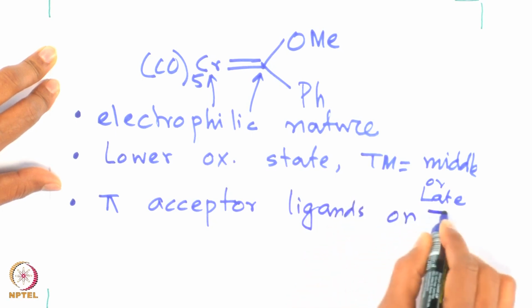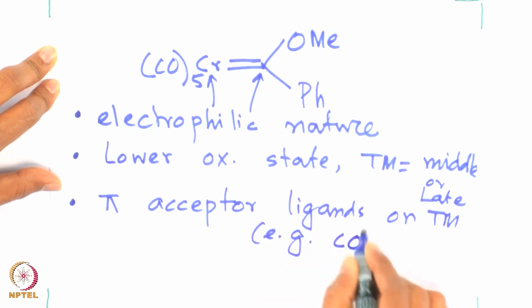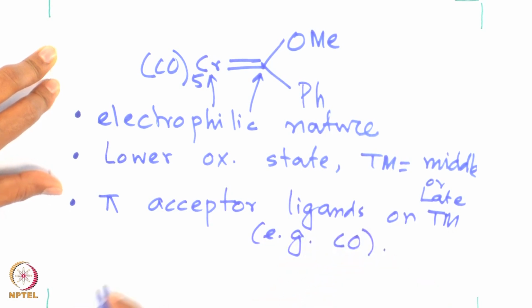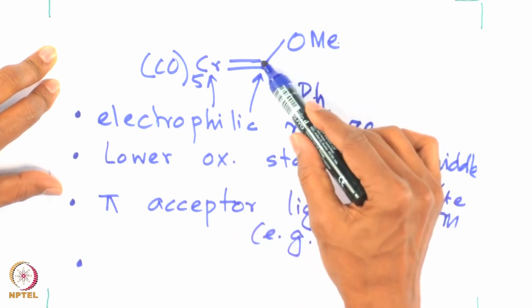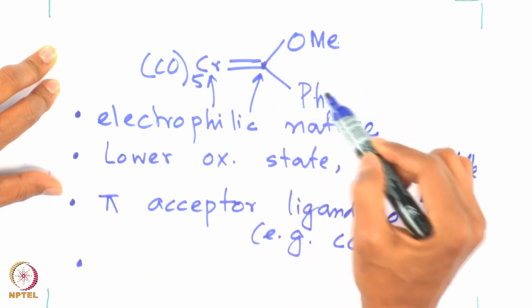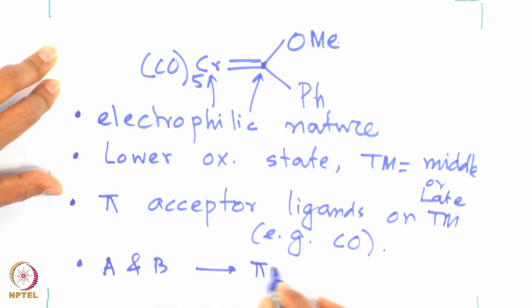You have pi acceptor ligands on the transition metal, for example carbon monoxide in this particular case. And the two atoms that are associated with the carbon center are often pi donors. A and B are often pi donors. So, these are of two different types.